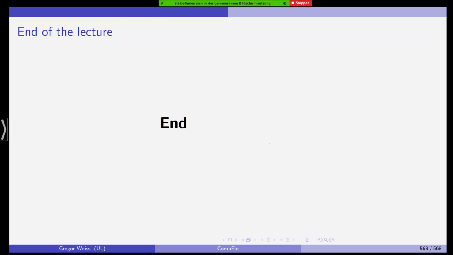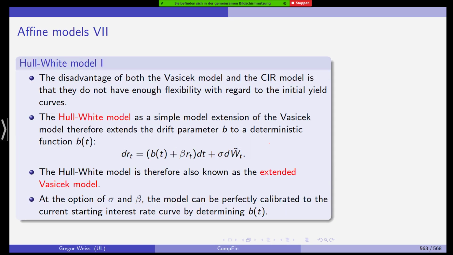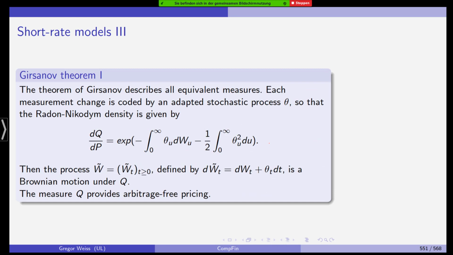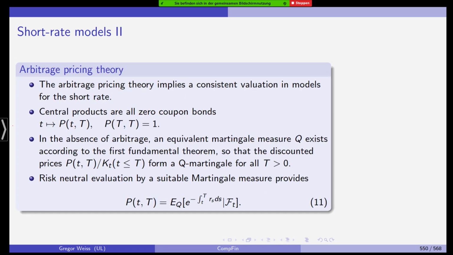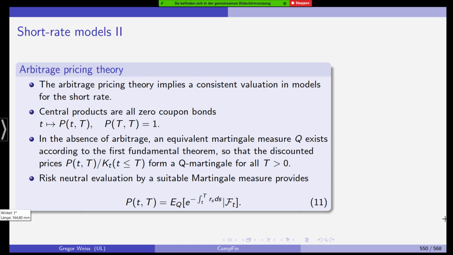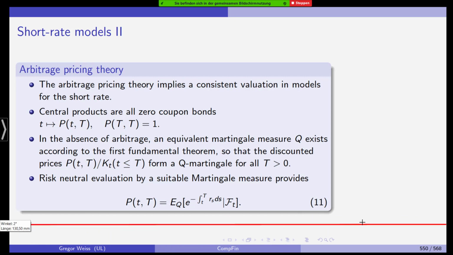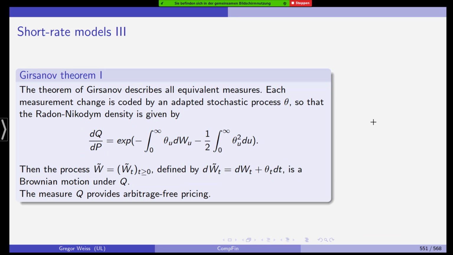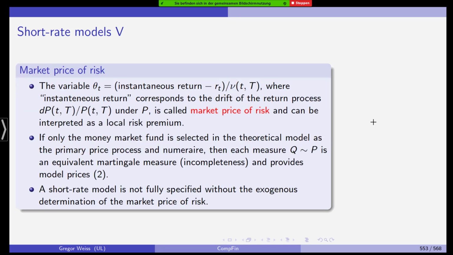Again, let me just make this very clear on these slides, that we actually stopped before the Girsanov theorem, which is, I think, way too much. So everything up until slide 550 is relevant for the exam, and beyond that, I think we can do without the slides this year.